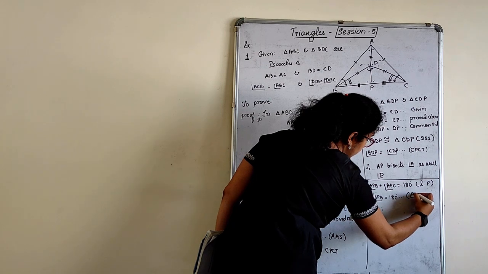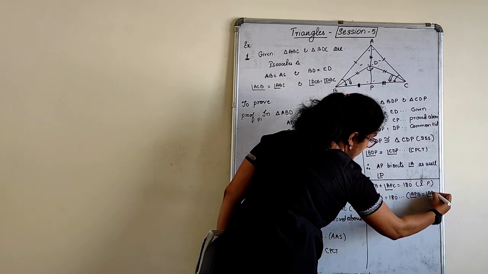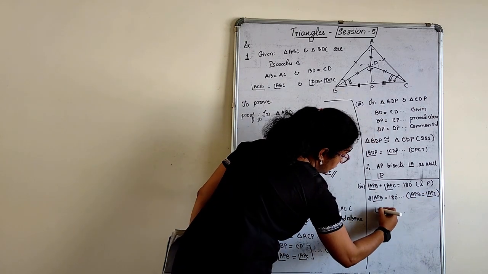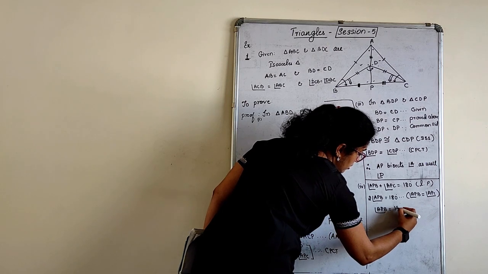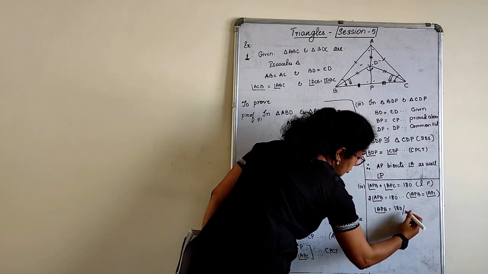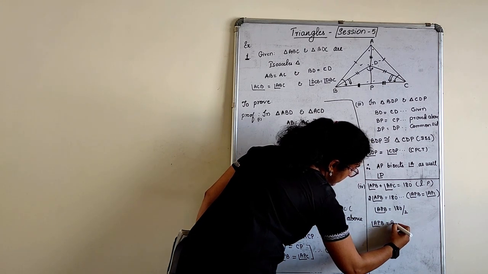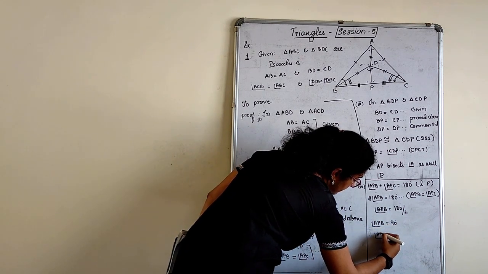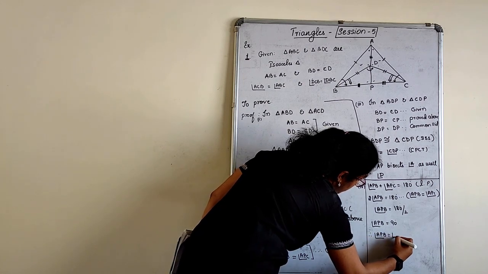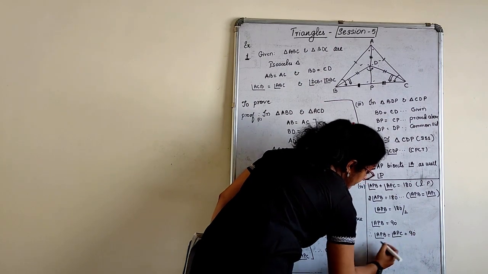Reason? Angle APB is equal to angle APC. Therefore, angle APB is equal to 180 upon 2. Angle APB is equal to 90. Therefore, angle APB is equal to angle APC is equal to 90 degree.